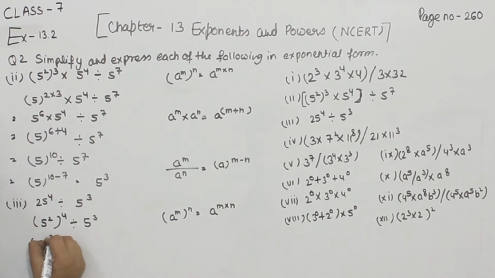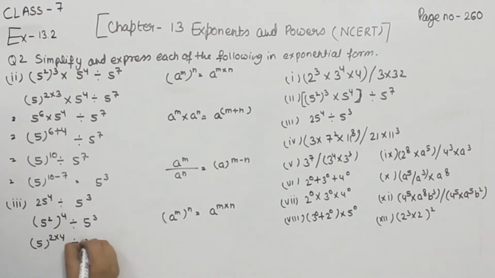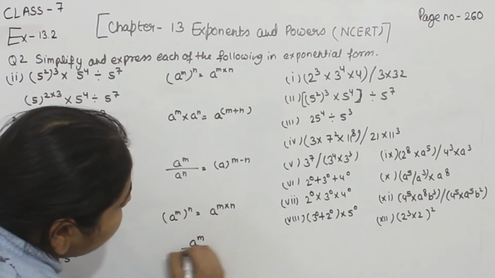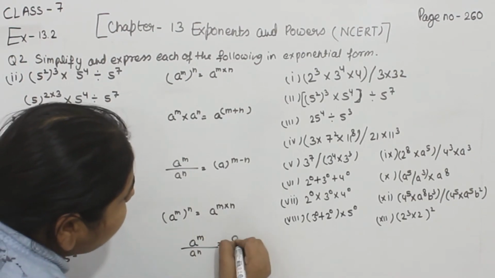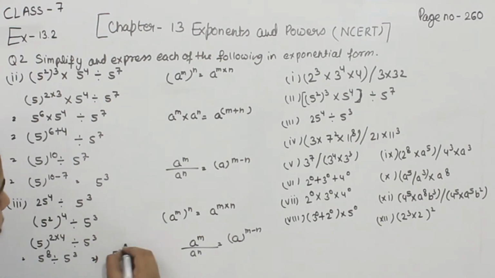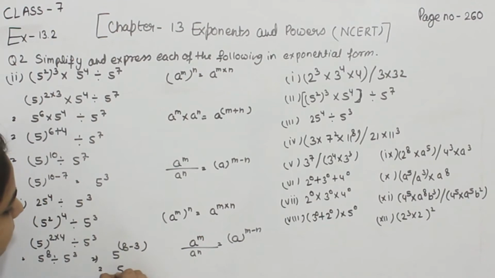So, 5 to the power 2 multiplied by 4, divided by 5 to the power 3. So, 2 fours are 8, divided by 5 to the power 3. Now, I am going to apply a to the power m divided by a to the power n, so a to the power m minus n. So, this one will be 5 to the power 8 minus 3. So, the answer we have is 5 to the power 5. This is part 3.